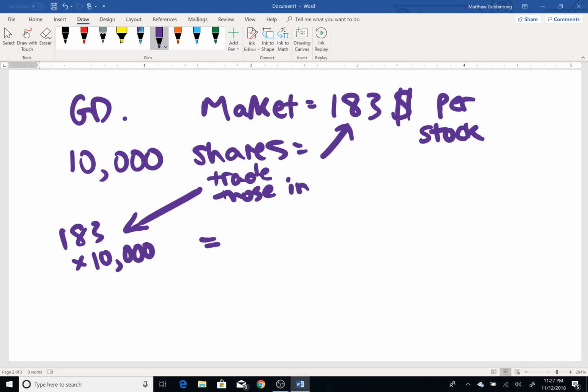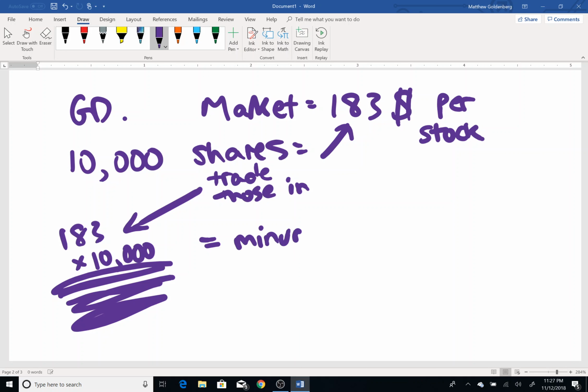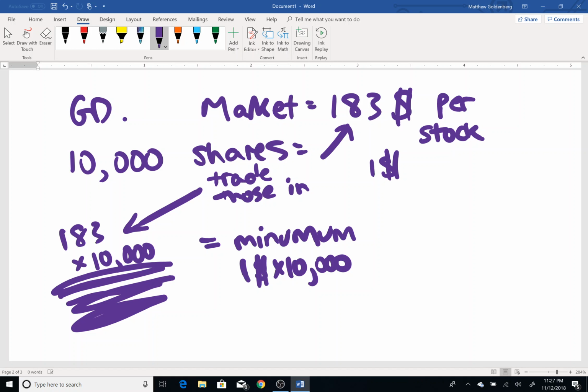On this other side, what this market value is composed of, what's inside it, is you have the minimum, and let's say the minimum is $1, and so $1 times 10,000, and then you have APIC, which is what's left over.